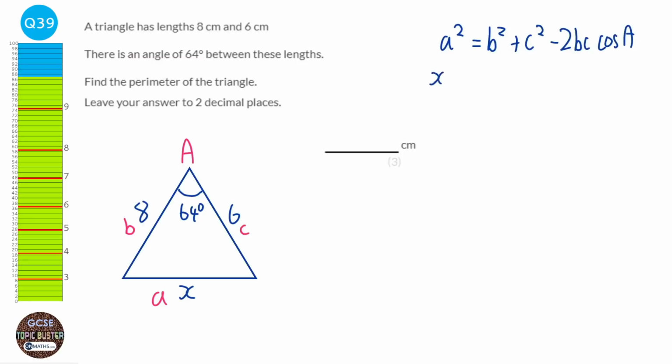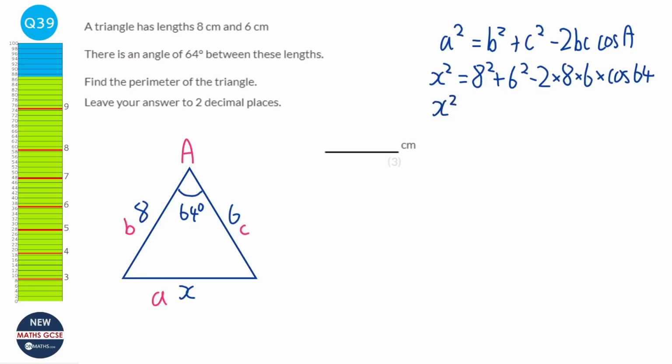And so that would be x squared equals 8 squared plus 6 squared minus 2 times 8 times 6 times cos 64. And that will be x squared equals 57.916... And we just need to solve this, and we can solve it by just square rooting both sides.